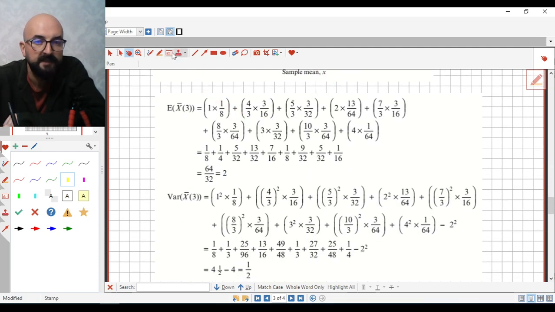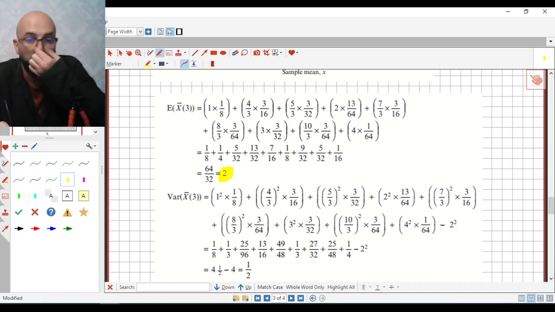If we figure out the expectation of the sample mean of size 3, it is also 2.